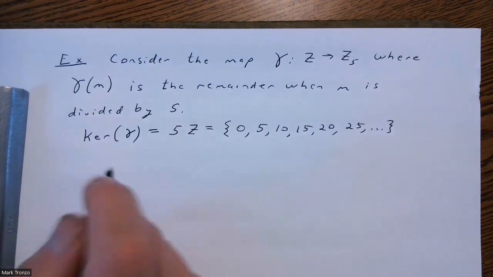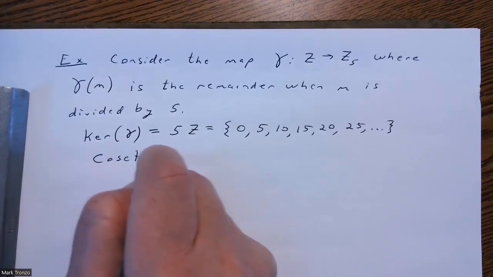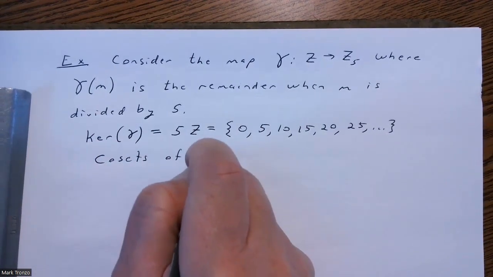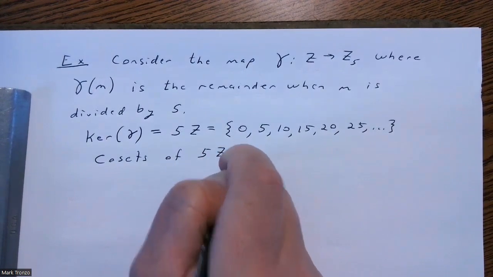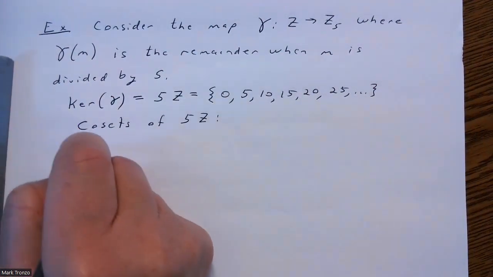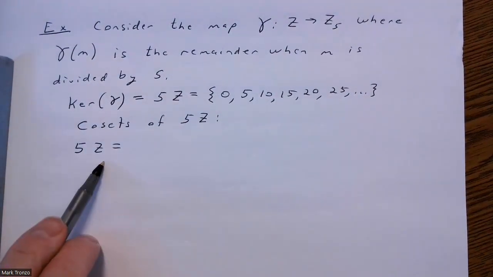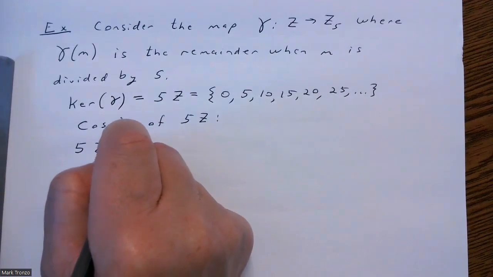And then the cosets of 5Z are, again, 5Z. You can think of this as 0 plus 5Z.